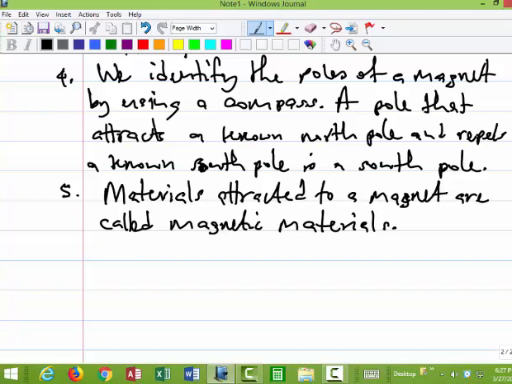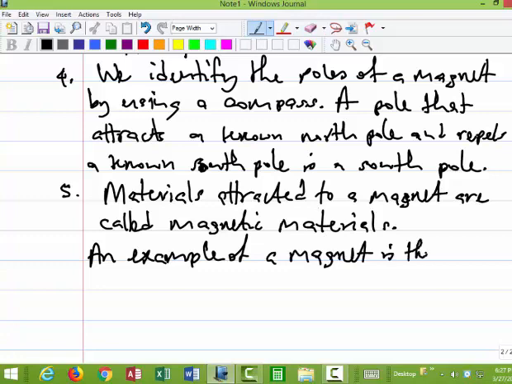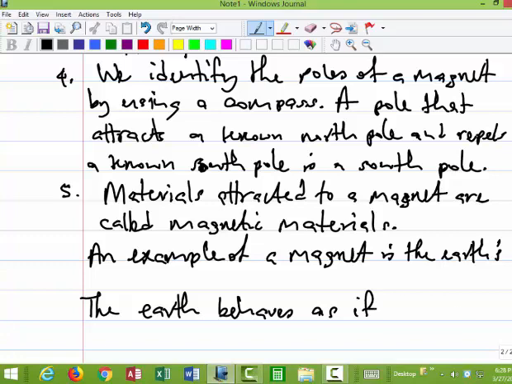On Earth, we know that the Earth has a magnetic field, so we can look at the magnetism of the Earth. An example of a magnet is the Earth. We shall later identify it as a bar magnet, but we can say the Earth behaves as if it has a large bar magnet.